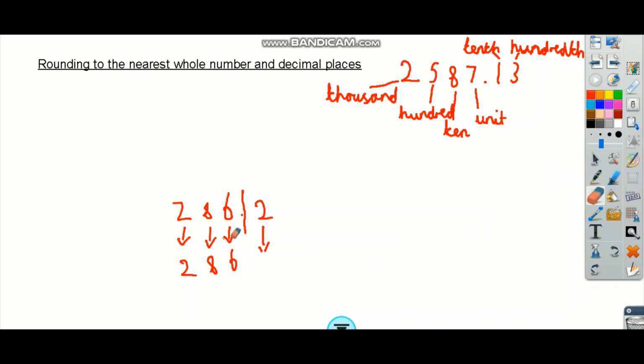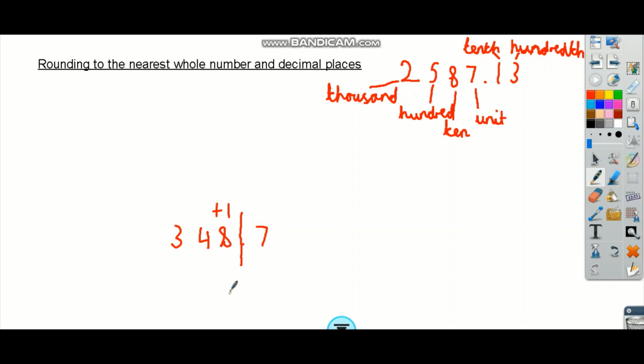Now, say you had a number like 348.7. To round this to the nearest whole number, first you have to put a line through the decimal point, and then you have to see whether the number after the decimal point is bigger or less than 5. We know that 7 is bigger than 5, so we add 1 to the number before the decimal point.